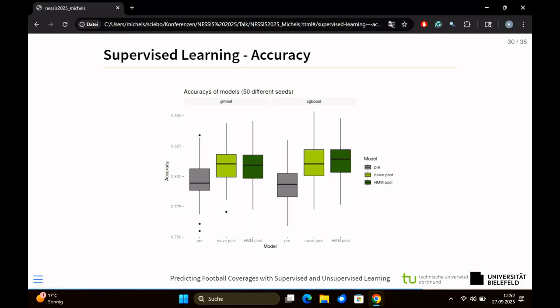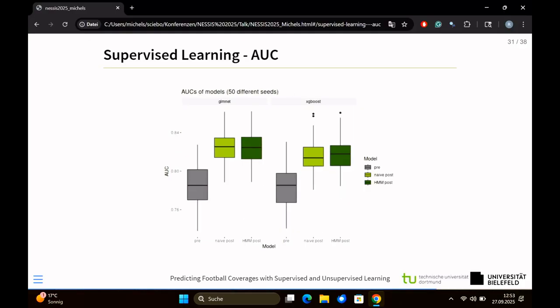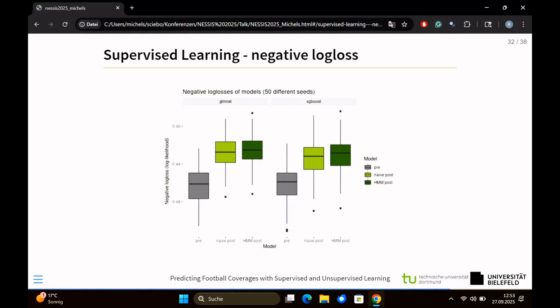We calculate a lot of naive post-motion features which could have captured everything that happens in that play, but no, the HMM features go one step beyond and provide even more information to our model, and we can see that not only for accuracy but also for the AUC and the negative log loss. However, these are just box plots, right?